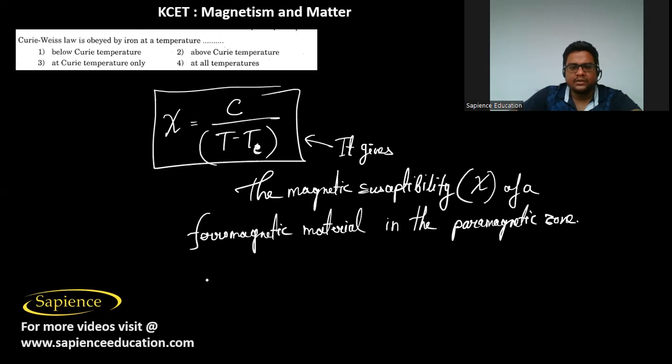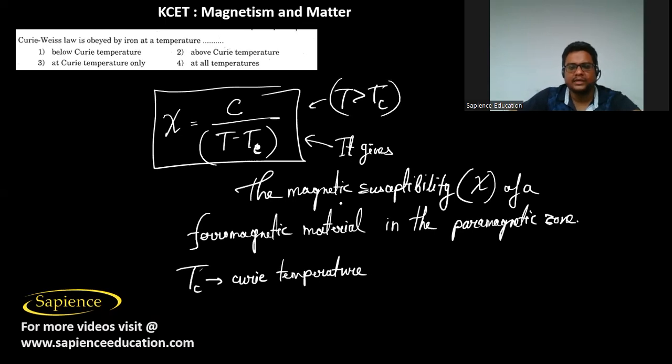So here Tc is called the Curie temperature. It is applicable only for T greater than Tc. It means when T is greater than Tc, then only the ferromagnet will show paramagnetic behavior.